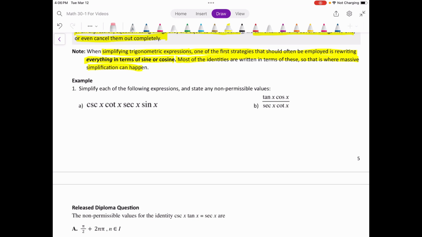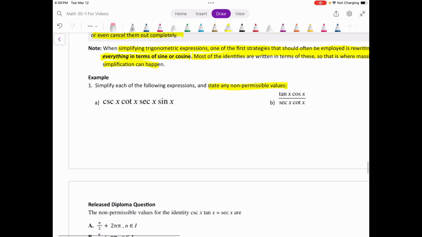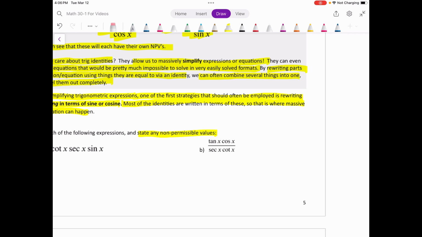All right, let's try these two out. It wants us to simplify each of the following expressions and state any non-permissible values. Our non-permissible values can come from basically two places. NPVs that are just part of the trig ratio, like tan x, which we know is undefined at pi over 2 and anything coterminal to that. But they can also come from divisions within the expression itself.